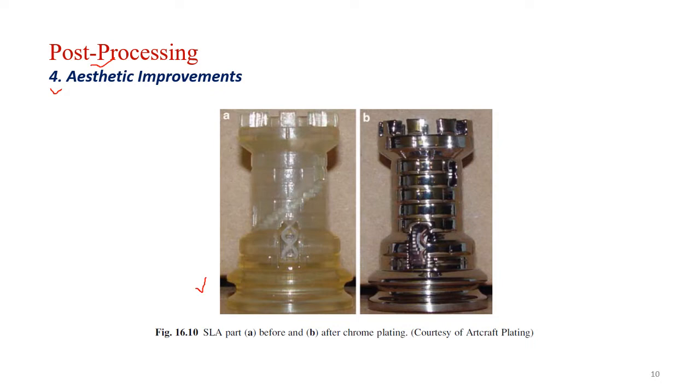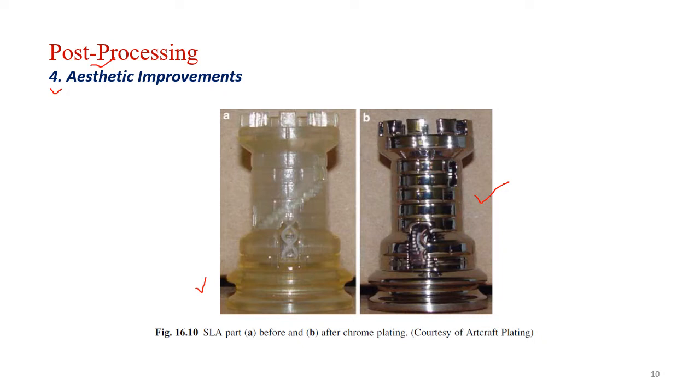So this is a polymer based product, and what we can give for this one is chrome plating. This is chrome plating given after dipping it into a chrome plating solution. So this gives a pleasing look and a very good aesthetic look also. Here the product looks like real stainless steel, or like something with a chrome finish.